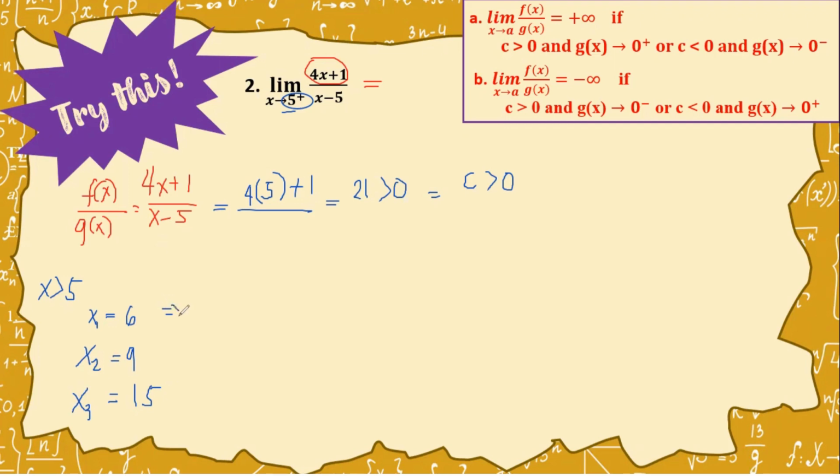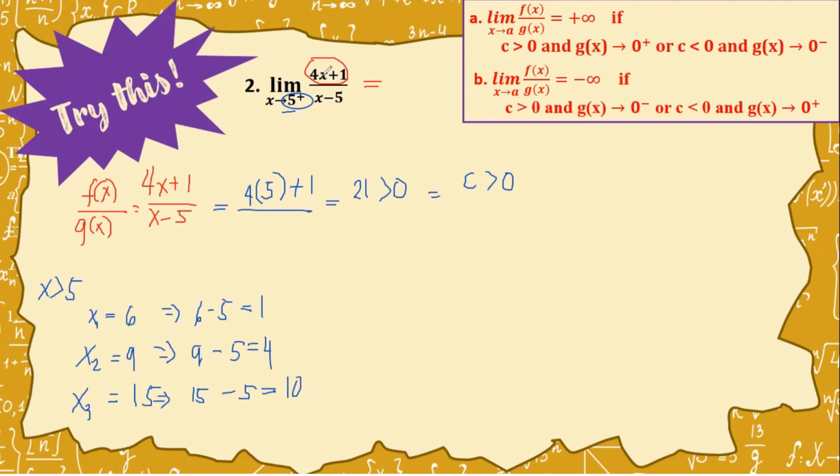So, this will become 6 minus 5 is equal to ilan? 1. Okay, ito naman. Si 9 minus 5 is equal to 4. Okay. Next, 15. Si 15 ano? 15 minus 5 is equal to positive 10.